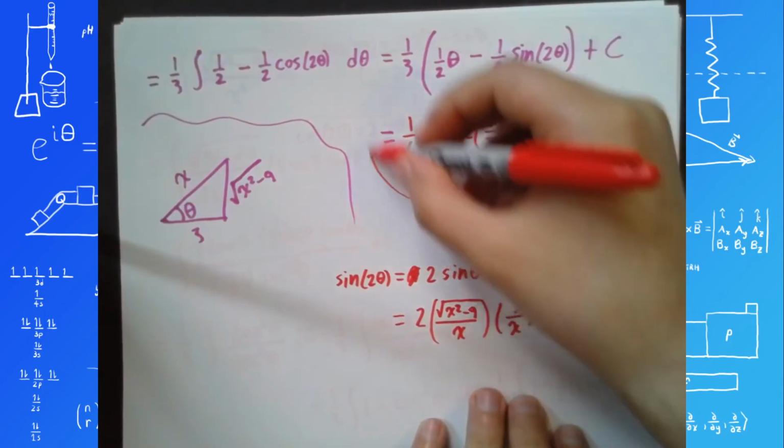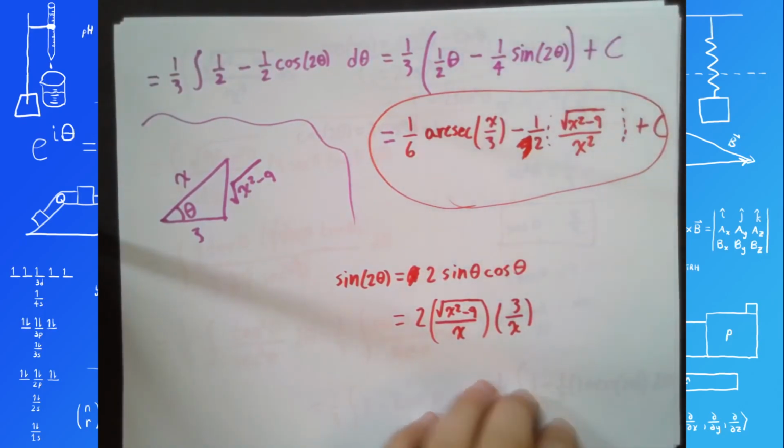And there we go. So I can see why they marked that one in red. It did pose a bit of a challenge. And yeah, that's the gist of trig substitution.